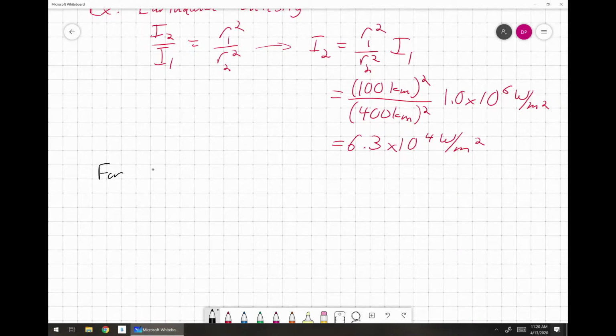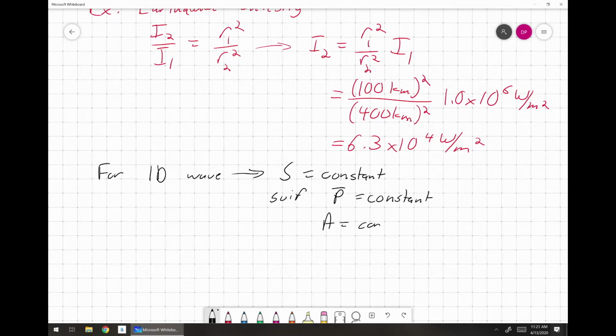So for a one-dimensional wave, the surface area is constant. If our power output is also constant, then our amplitude is constant and our intensity is also constant.